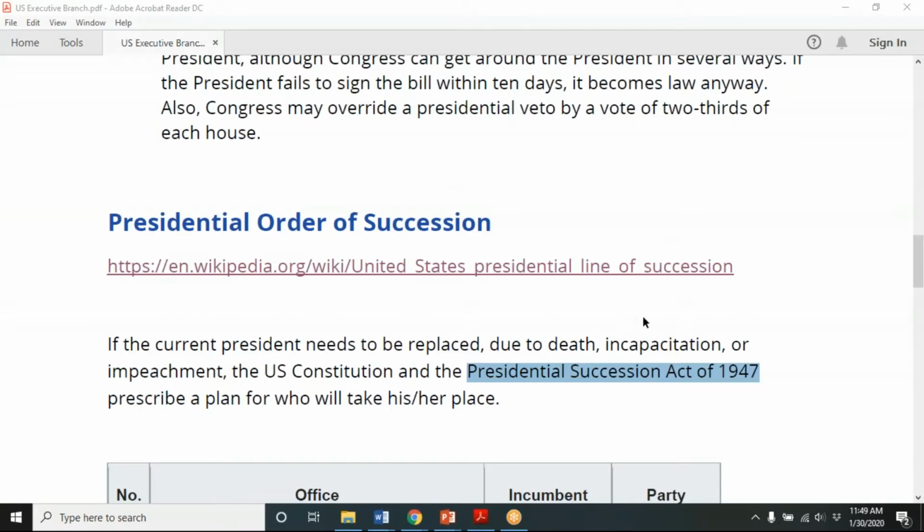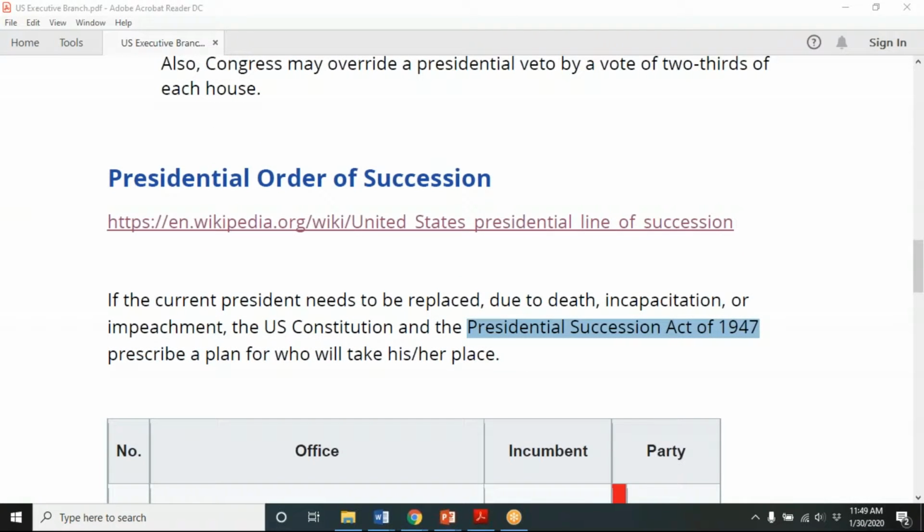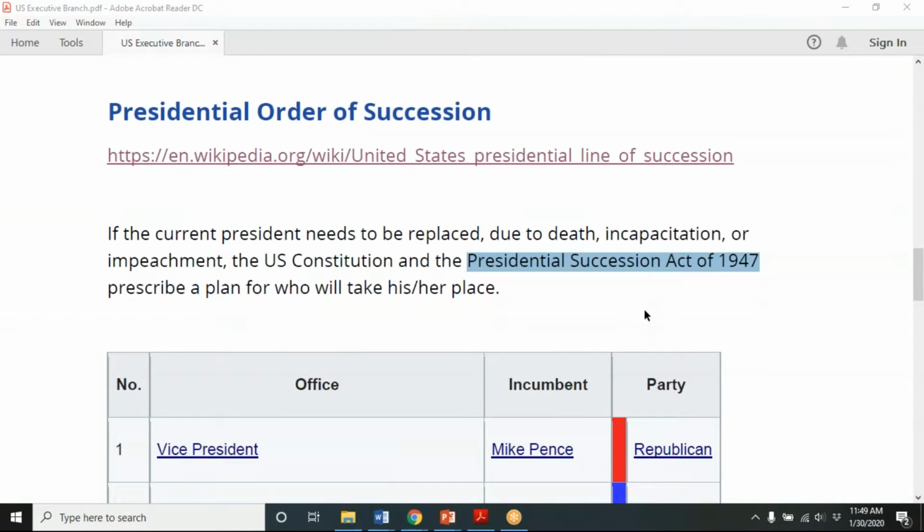Now, 1947, this is after World War II, in the early 1940s. You have President FDR, Franklin Roosevelt. He served for more than two terms. He served for 3 terms and then was re-elected for a 4th term. He had been president for 12 years and then died shortly into his 4th term of office.